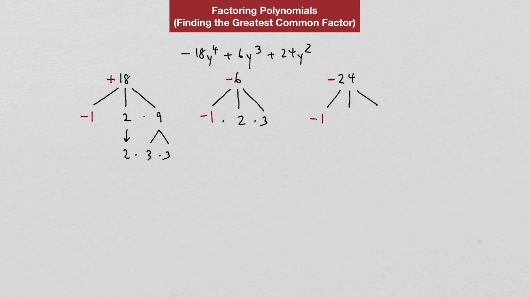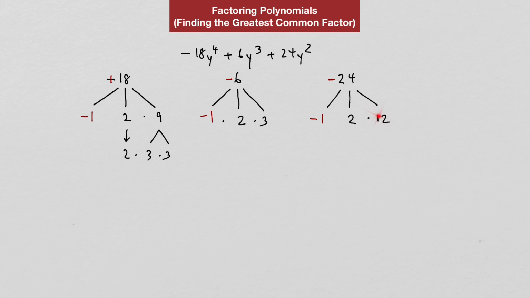And now we work the other factors by looking at 24 as a positive number and discover that 24 breaks down into a number of different factors. We're going to use 2 times 12. Okay? Negative 1 and 2 are both prime numbers, so those cannot be factored any further.